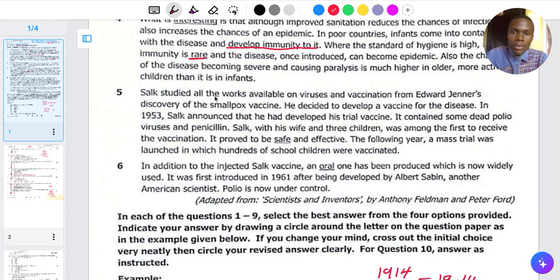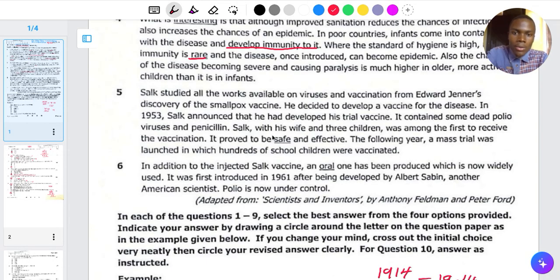Salk started all the works available on viruses and vaccination from Edward Jenner's discovery of smallpox vaccine. He decided to develop a vaccine for the disease. In 1953, Salk announced that he had developed his trial vaccine. It contained some dead polio viruses and penicillin.